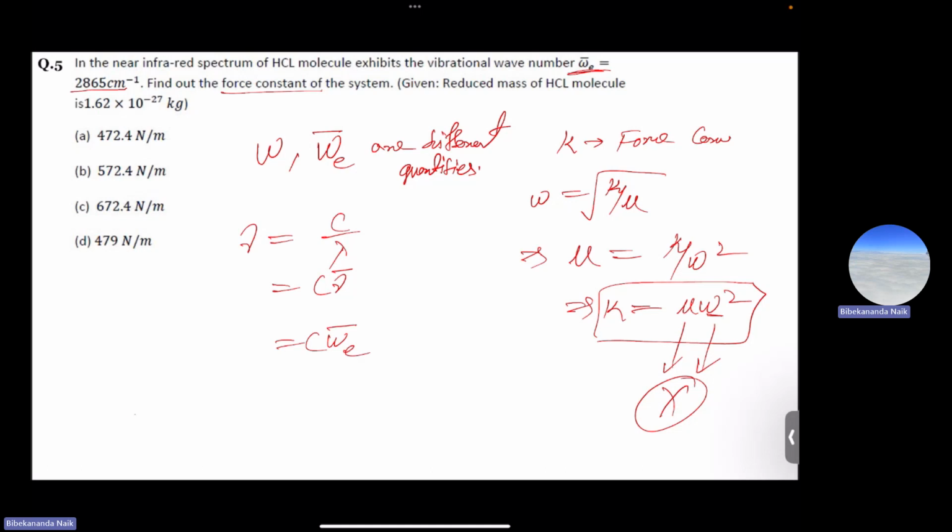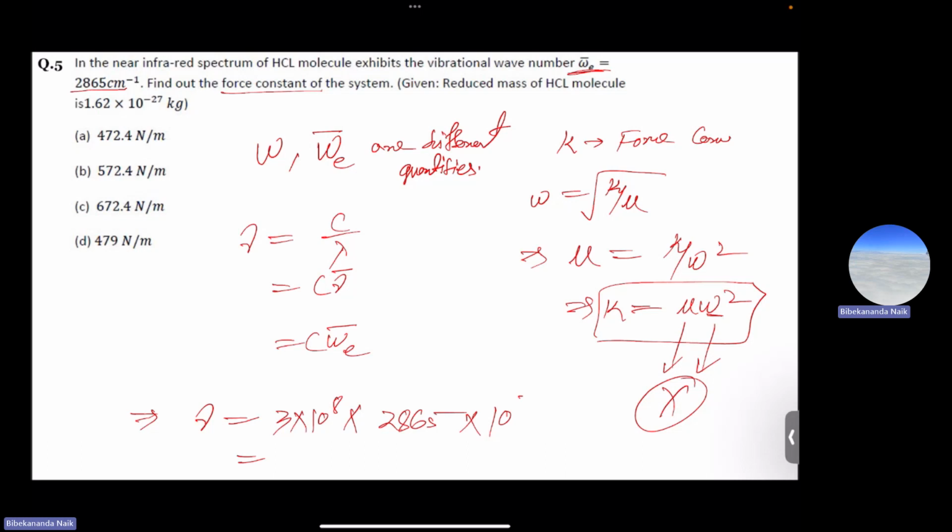So nu, the frequency, is 3 into 10 to the power 8 into 2865, multiplied again by 10 to the power 2, because the value is given in centimeter inverse, so you convert it into meter inverse.